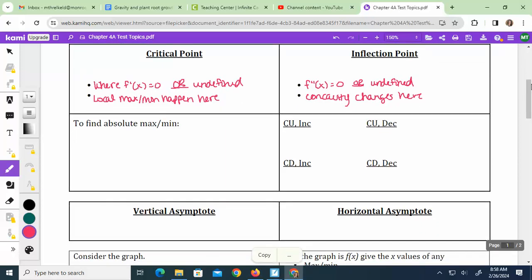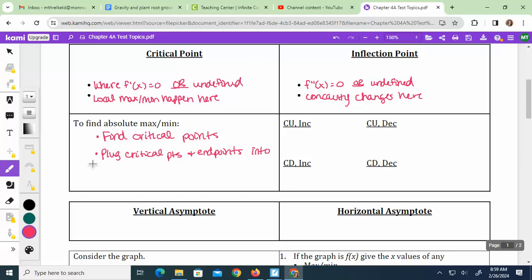How do we find absolute maxes and mins? So we find all the critical points, then we plug critical points and endpoints into the original equation.